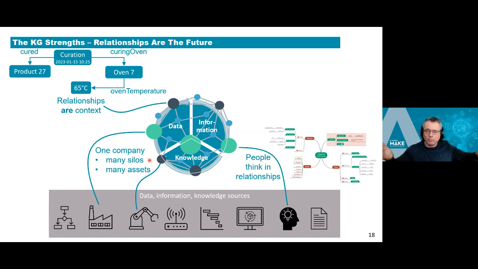They all have their own world. Also your assets: if you look at the production, there are a lot of machines there, and you collect information from all those machines, potentially in different databases. You need to be able to relate this information, because many of the questions that you will be asking will handle the different aspects here.